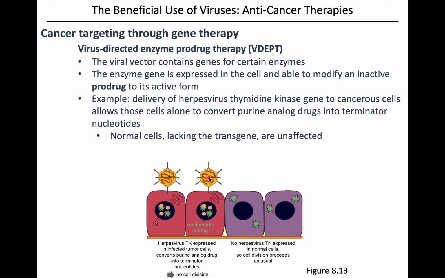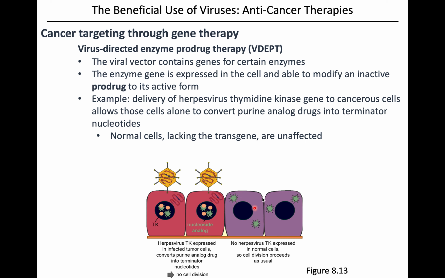Once it infects the cancer cells specifically, it will bring the gene for these enzymes along with it. The enzymes will then convert the prodrug, or the pre-drug, into an active form that will facilitate killing of the cancer cells.